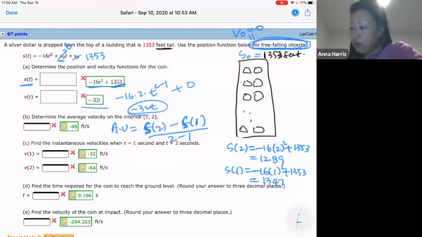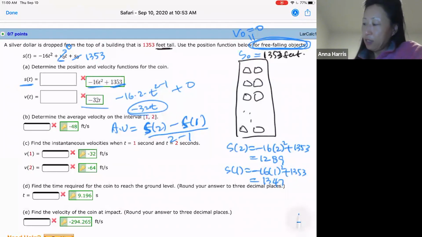Did I do something wrong? 16 times 4 minus 1353, this is 1347.